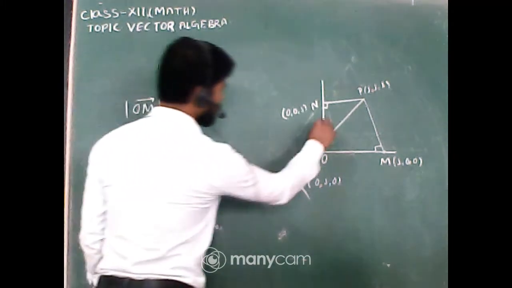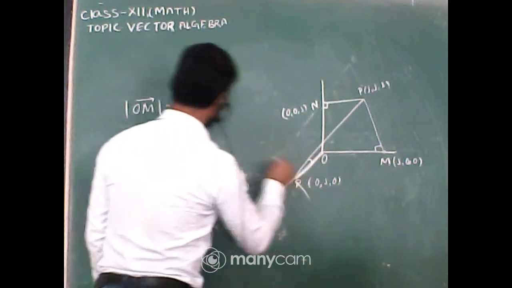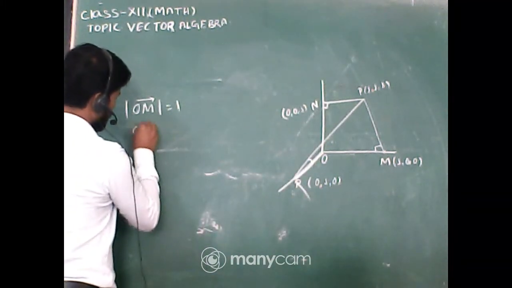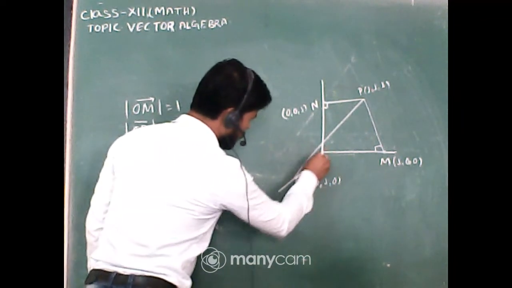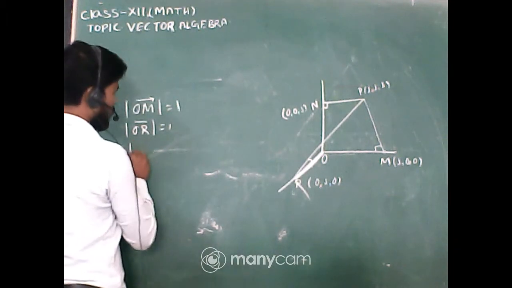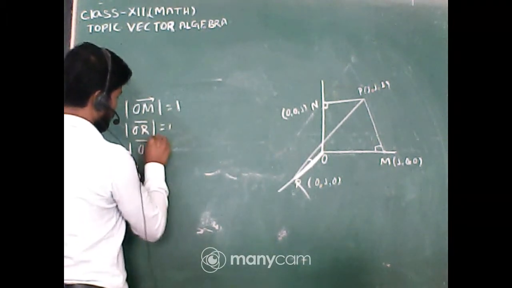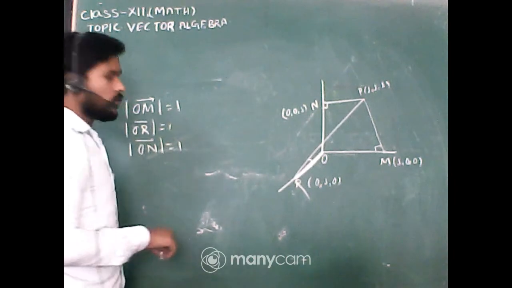Similarly, the vector OR is also a vector whose magnitude is equal to 1. This distance is equal to 1. And similarly, the vector ON has magnitude also equal to 1.